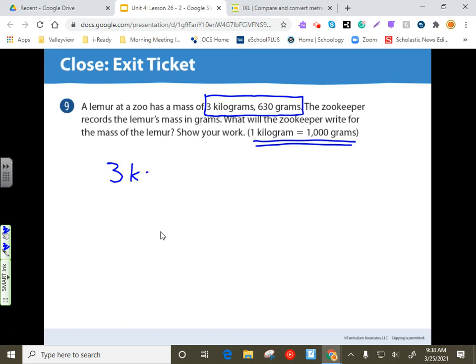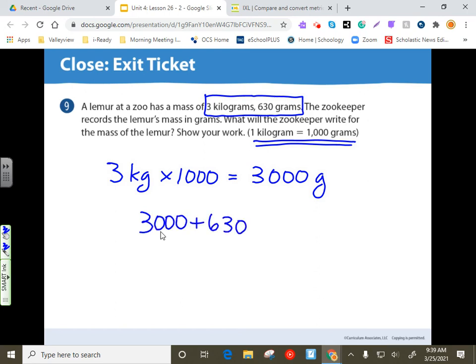So 3 kilograms times 1,000 equals 3,000 grams. And we can't forget the 630. So 3,000 plus 630 equals 3,630 grams.